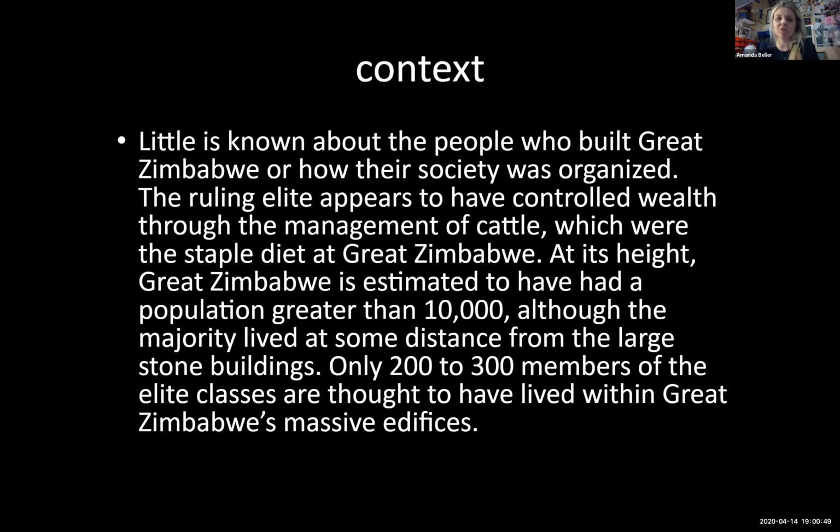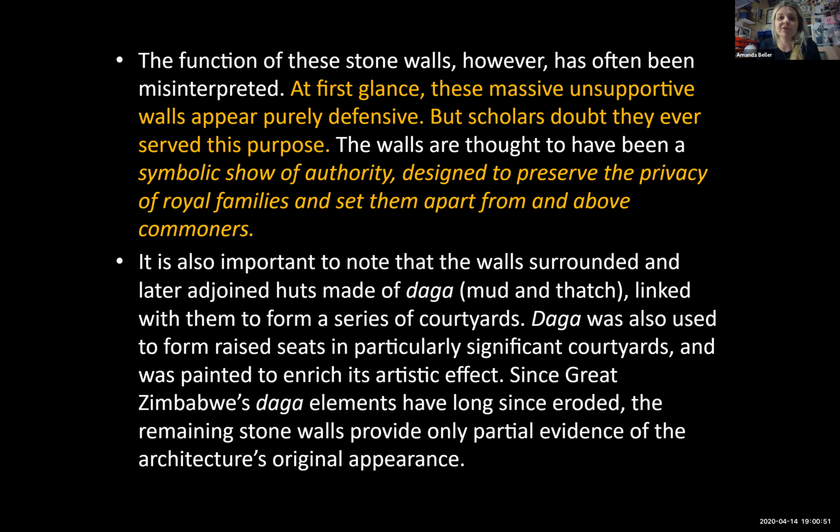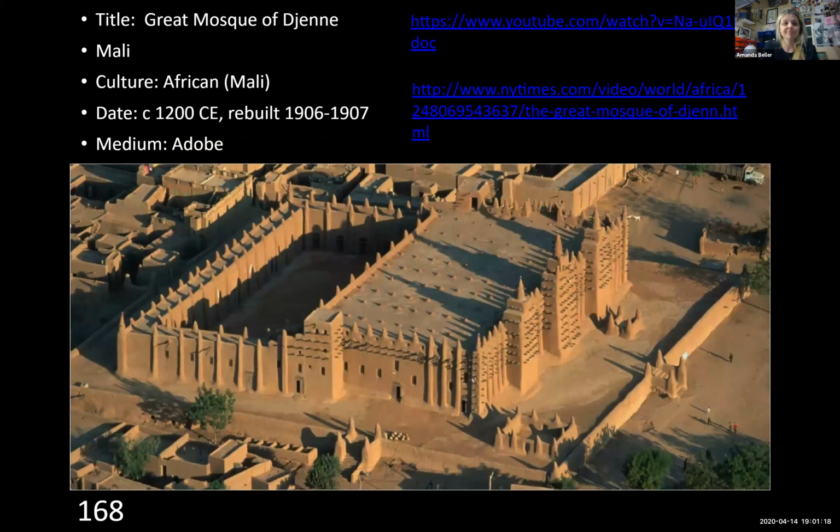And we talked about it with Cusco as well. We tend to think, okay, wall, it's got to be defensive. But likely this was to show power and strength because of the scale, and to show that separation between the wealthy and privileged and the not wealthy and privileged. Again, the people who did not have this privilege lived in what we call daga, which is like an adobe home.